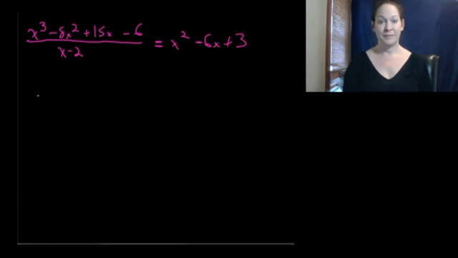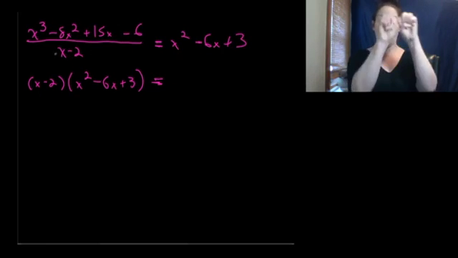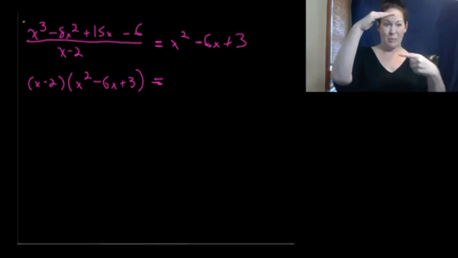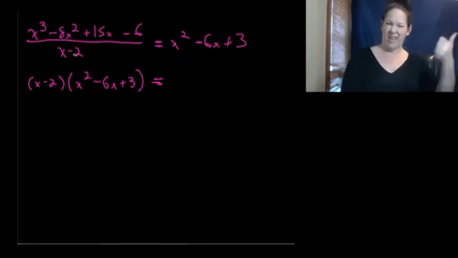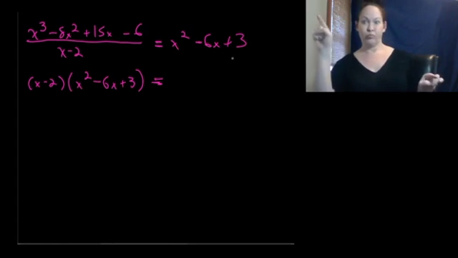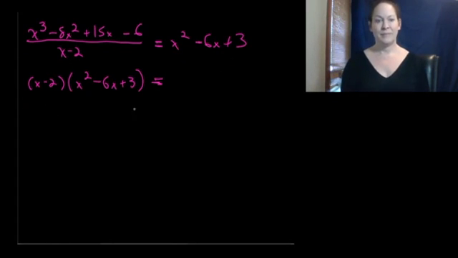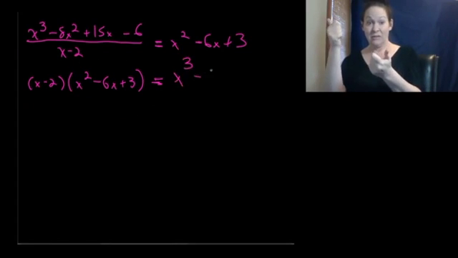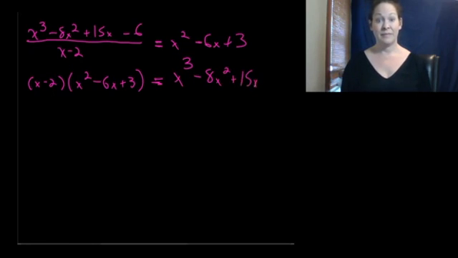Well, that's telling me that x minus 2 times x squared minus 6x plus 3 is equal to, so let's see, if this was an equation and I wanted to get rid of the denominator, I multiply the left-hand side by the denominator, it'll cancel, and I multiply the right-hand side by the denominator, I get this. So if it cancels over here, I get what's upstairs.